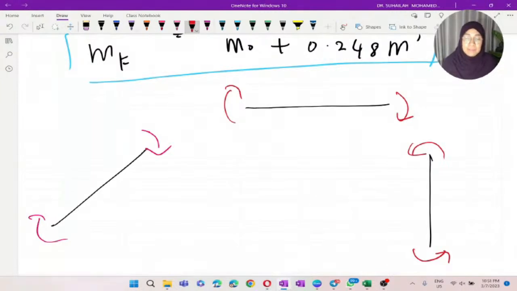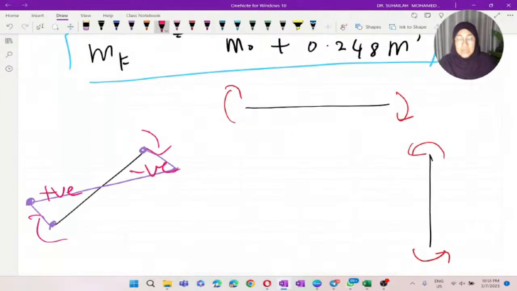For the bending moment diagram, we just need to follow the arrow. This is the point. Start from 0, end at 0. So for this one, you just need to draw like this, and then outside is positive, this is negative value. For member BC, based on the arrow, the position is this and this. Start from 0, end at 0.